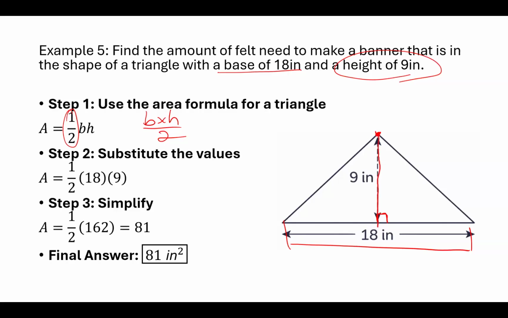So not every line is a height. Make sure, in this case, the question already says, and the picture shows that it comes in an angle of 90 degrees. So you multiply 18 times 9, which is 162, and 1/2 of that is 81.